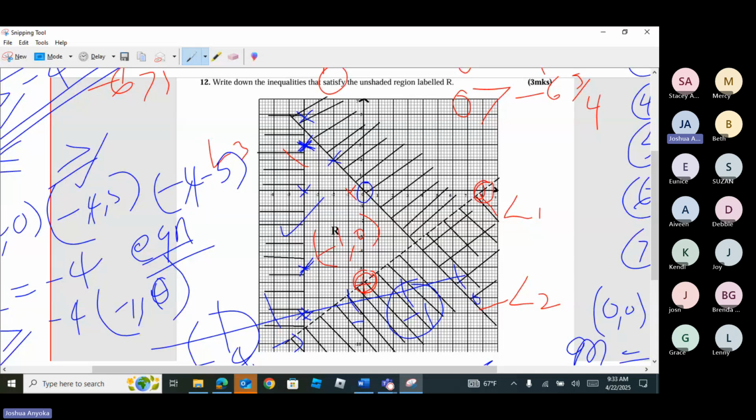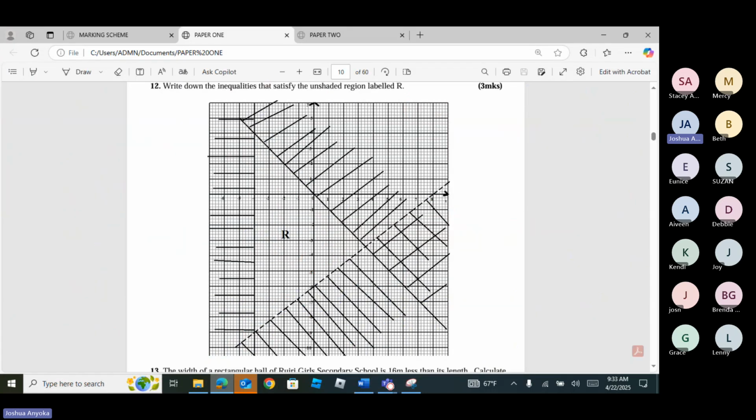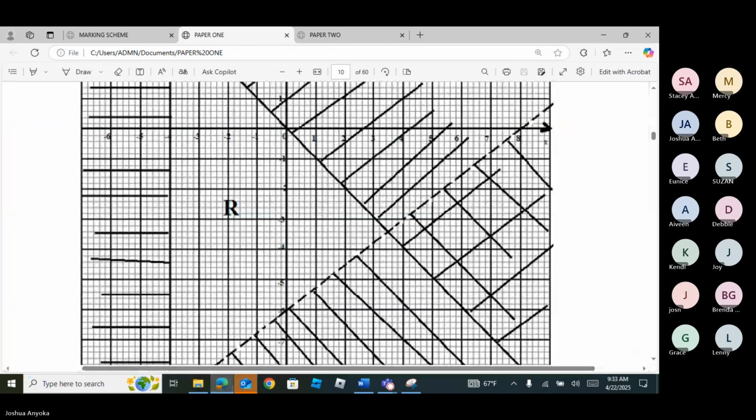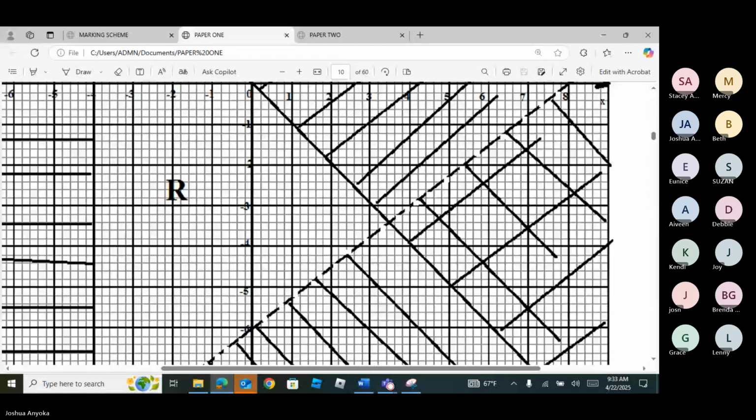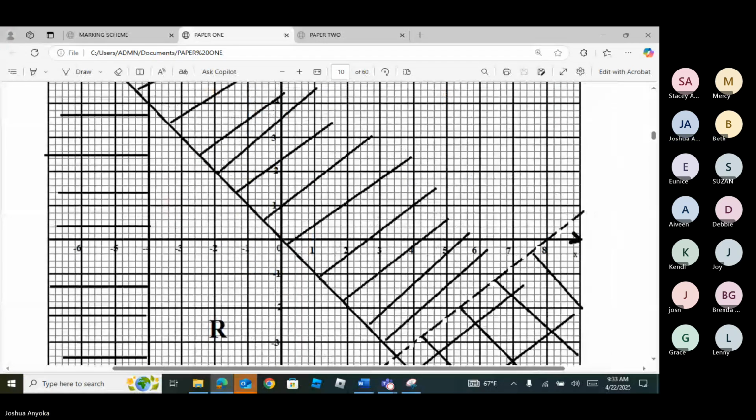Let me try to magnify this thing. Yes. Now in my magnified figure, take negative 2, 2. Yes, it passes there. Teacher, why then don't you say negative 5, 5?